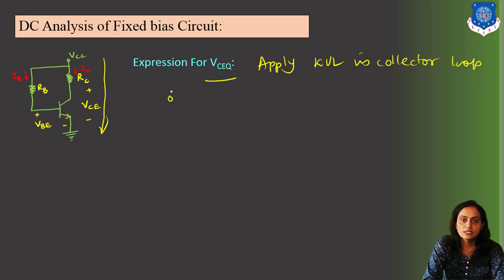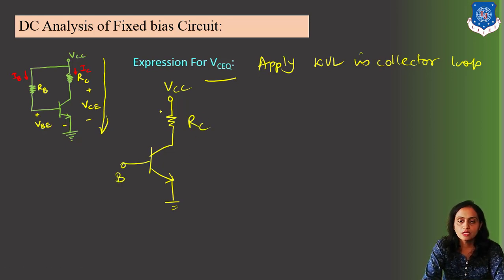So I am drawing this collector loop again for reference. This is grounded, this is emitter, this is RC, this is base. So this collector loop is drawn again for reference. This voltage is VCE. Now we will apply KVL.